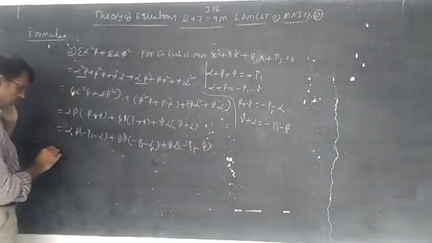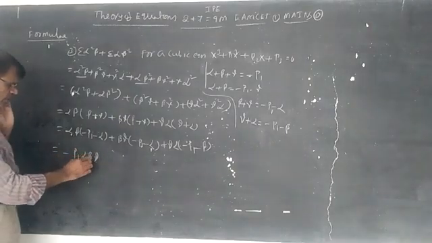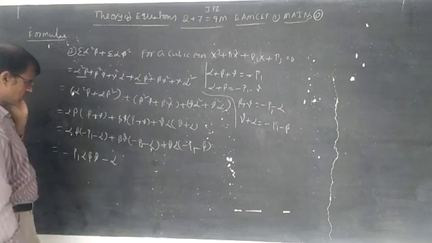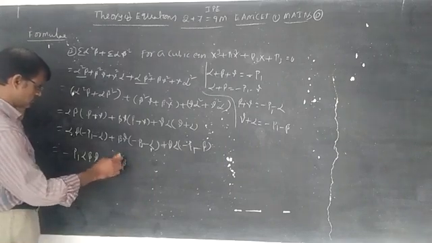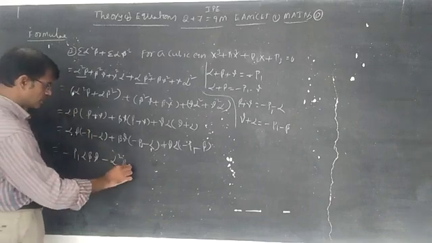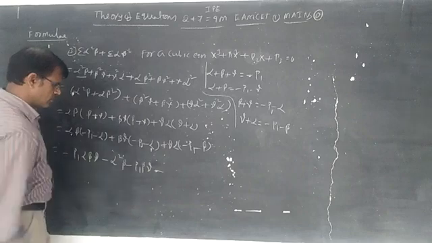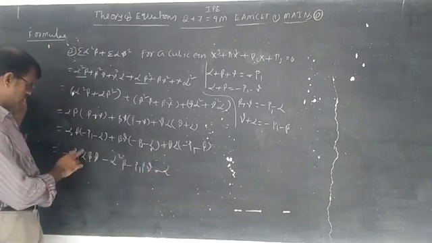Now multiply, it becomes minus p1 alpha beta gamma minus alpha square beta. Minus p1 beta gamma minus alpha beta gamma. This is alpha beta gamma.